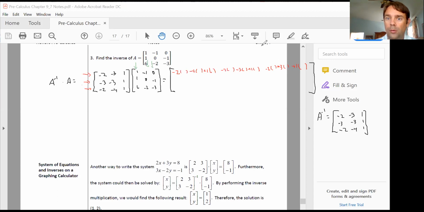We're doing lots of work here, folks, to prove to ourselves that we actually agree here. 1, 1, 6, -1, 0, -2, and then 0, -1, and -3.